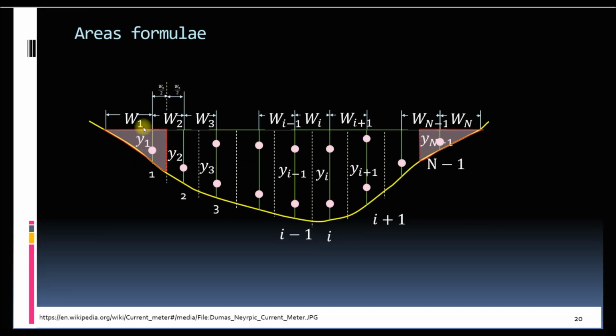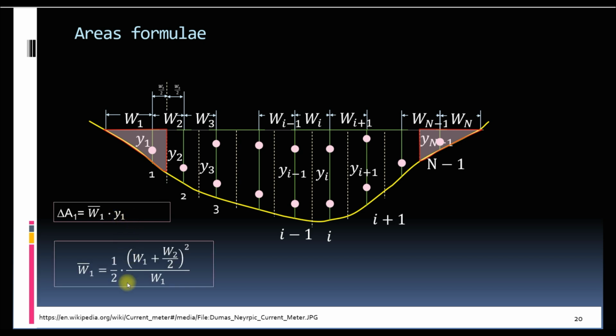Let's summarize all formulae. Area of the first triangular portion will be W1 bar into Y1, where W1 bar is equal to square of (W1 plus W2 by 2) by 2W1.